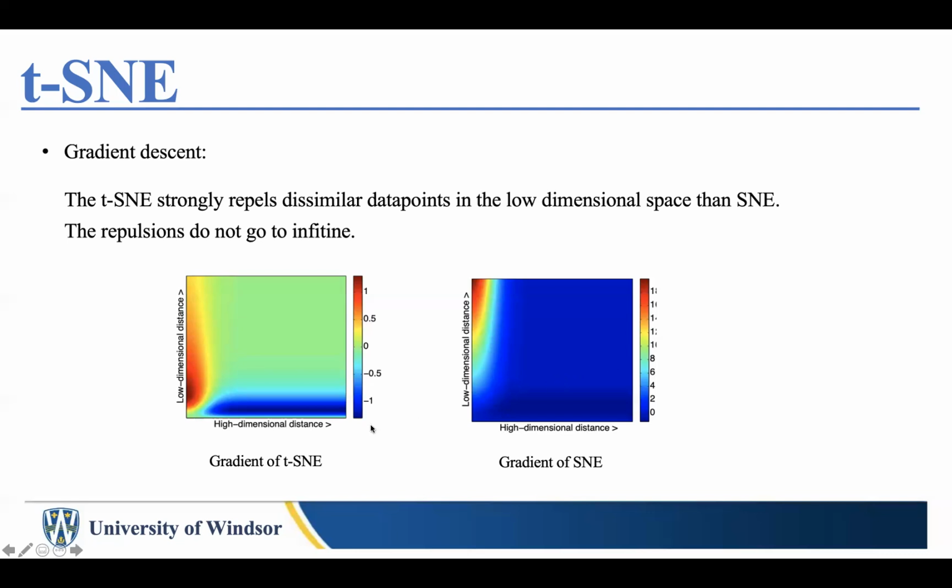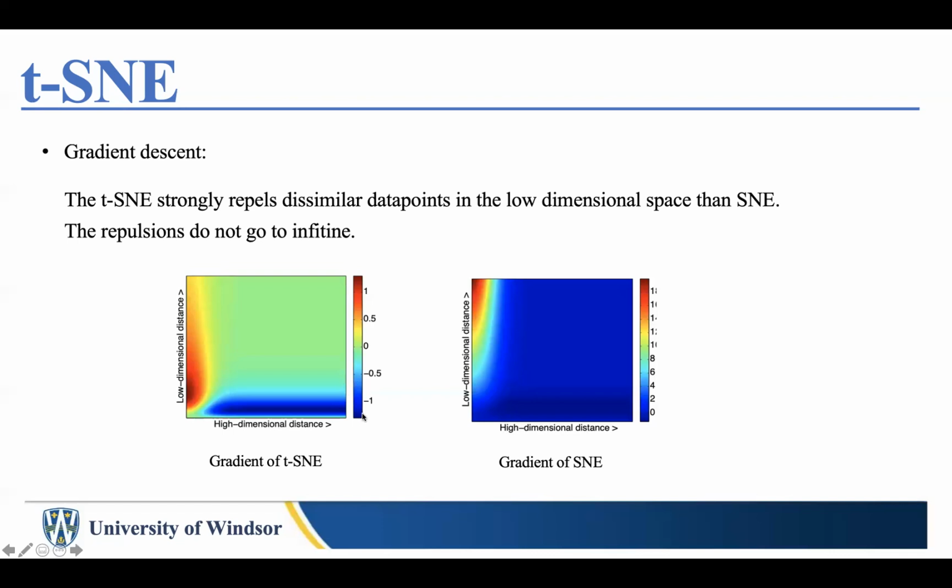Second, although t-stochastic neighbor embedding introduces strong repulsions between dissimilar data points that are modeled by small pairwise distance, these repulsions do not go to infinity. That means if two data points in the high-dimensional space are far away from each other, then when they are projected to the low-dimensional space, they will not move much too far away from each other.